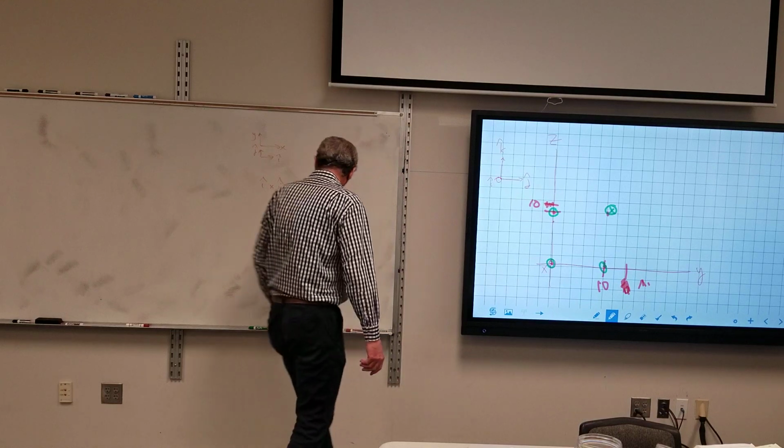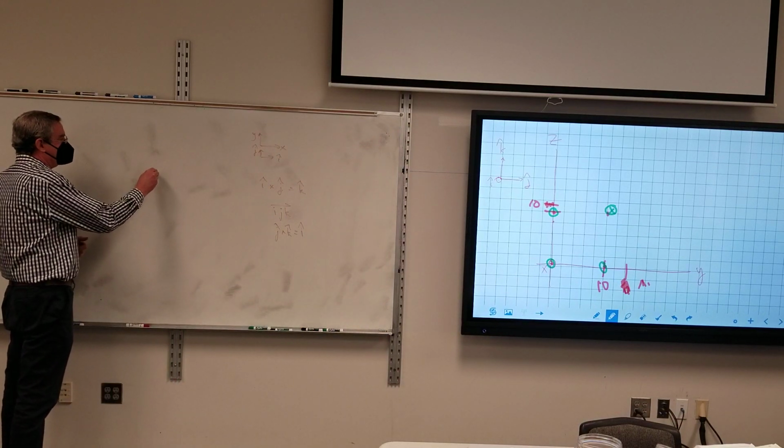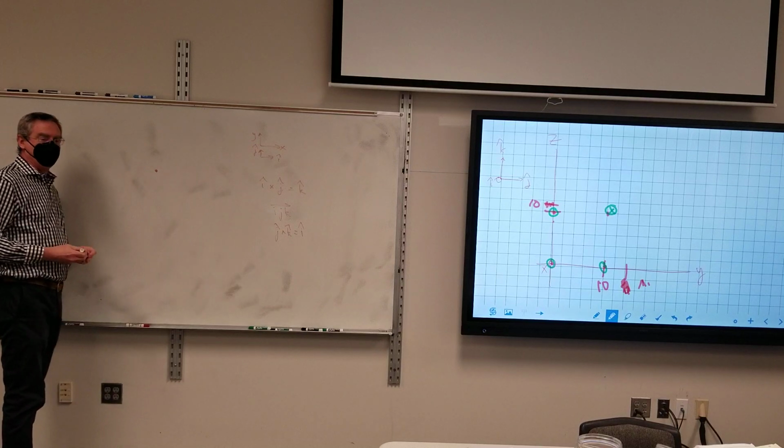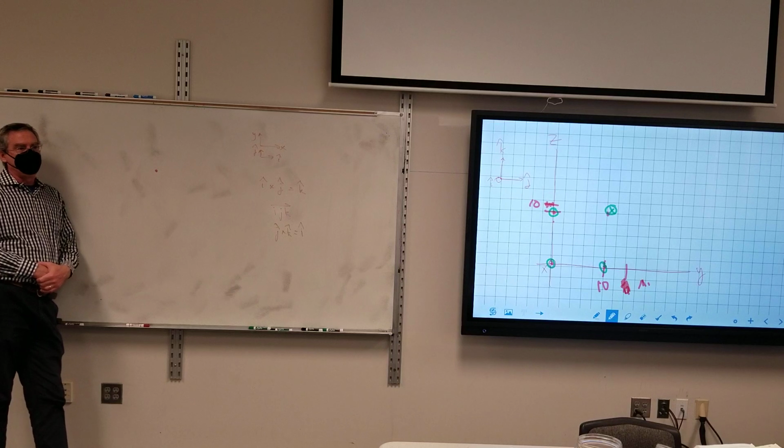So it comes down to, if I have a current that is running out of the board here, what is the direction of the magnetic field it creates? And I will say to the two of you, it's a right-hand rule.